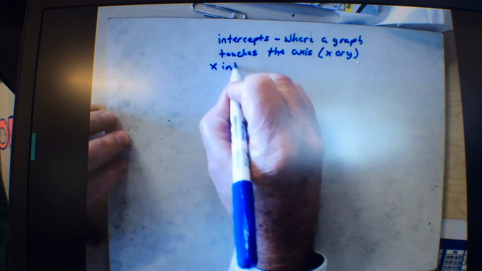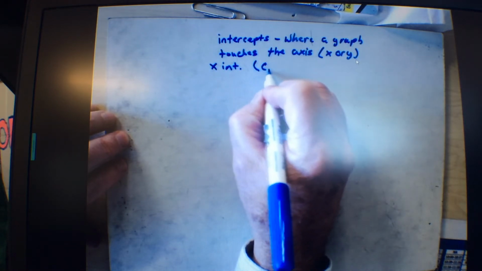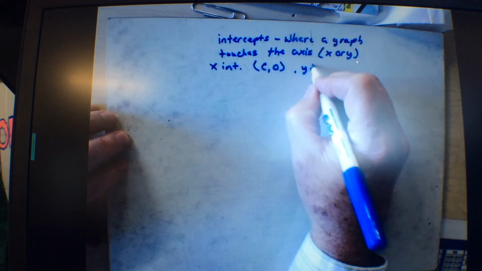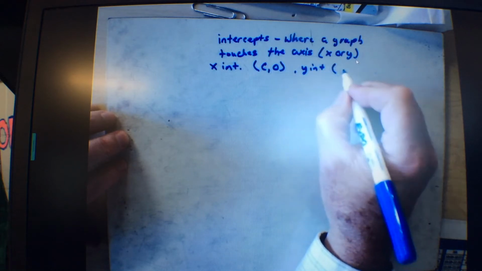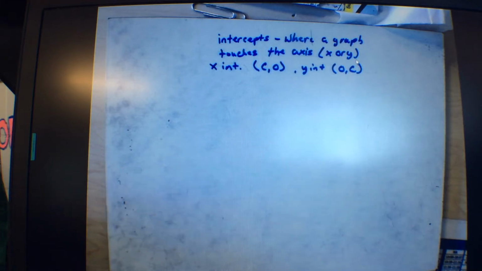The x-intercept has coordinates of some number c, 0, so it's some sort of constant, and then 0. The y-intercept is 0, c, but they are numbers, okay? So where it touches the x and y axis, all right?